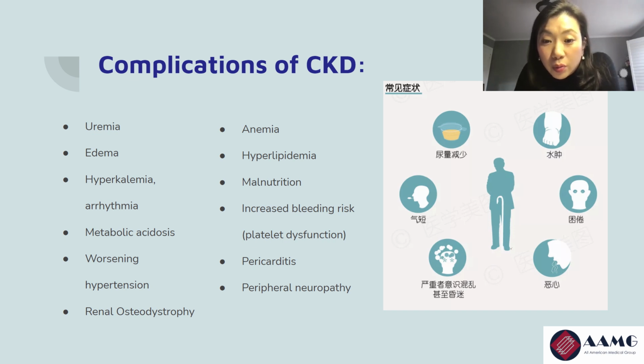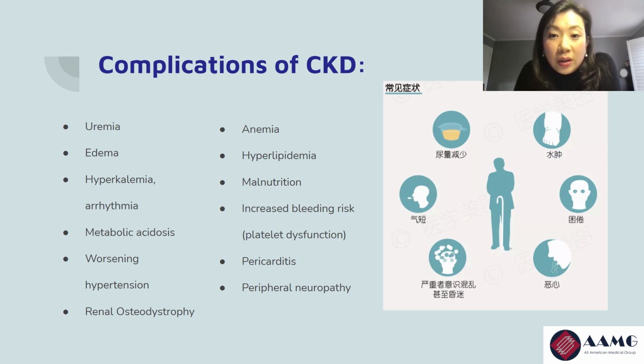So our body will have a low protein state, causing malnutrition. Because of the over-accumulating acid and other toxins, our platelets, which are a major blood cell that helps our body stop bleeding, have impaired function. So they will have increased bleeding risk.